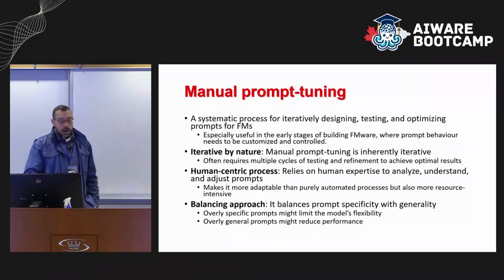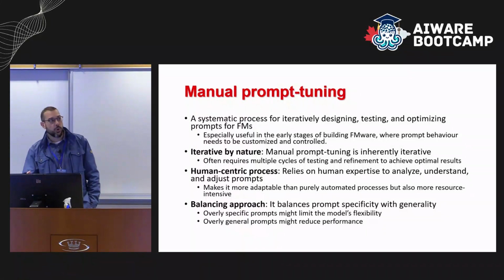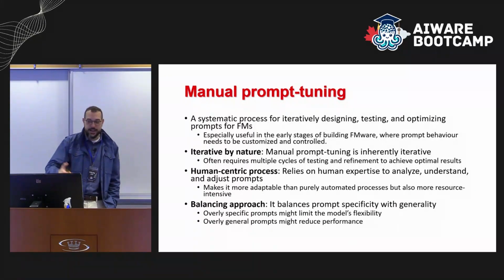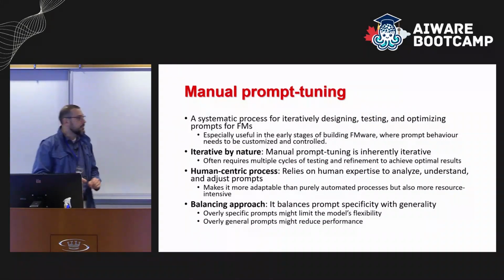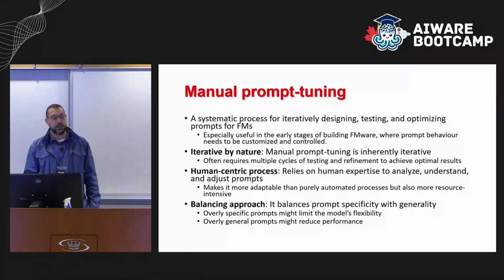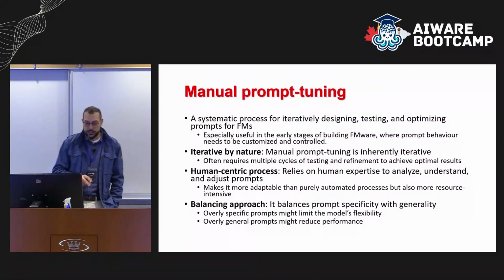How? Very iteratively. Usually we are doing experimentation. I try a variation, it got better, I will use this one. Then you change something else, it got worse. So it's very iterative, very experimental. You are always trying new variations of the prompt, checking the performance, and going back. It's very human-centric, done by a human in the loop.